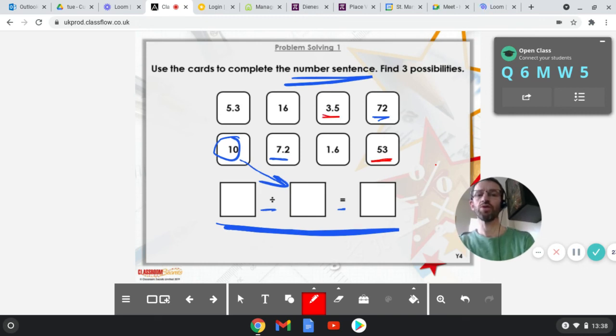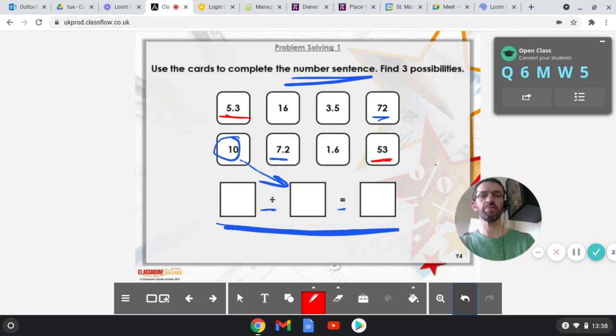Oh no, not 3.5. I've switched it round. Let's get rid of that. Is 5.3. There's the partner. So if they're getting smaller every time, I could, for example, take my 53. I could divide it by 10, because that's what we're doing today. We're dividing everything by 10, and it's going to end up as 5.3.